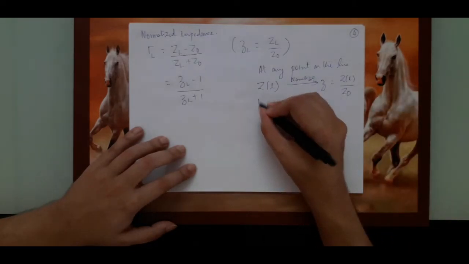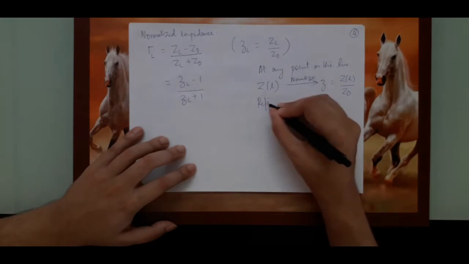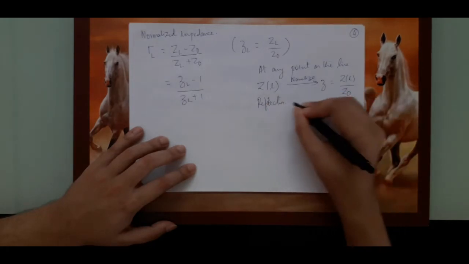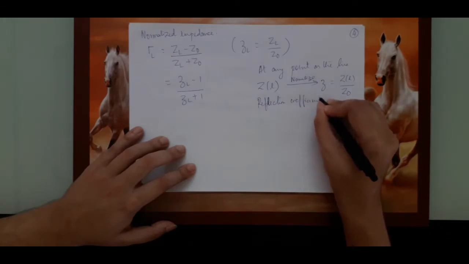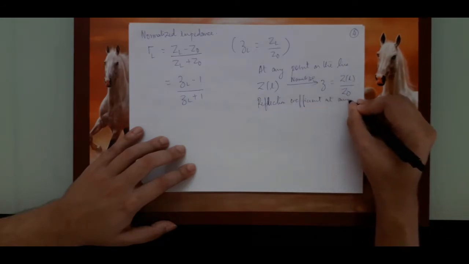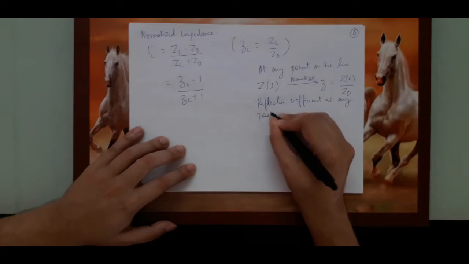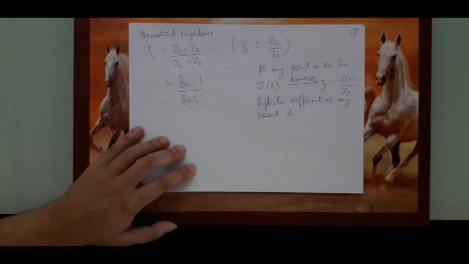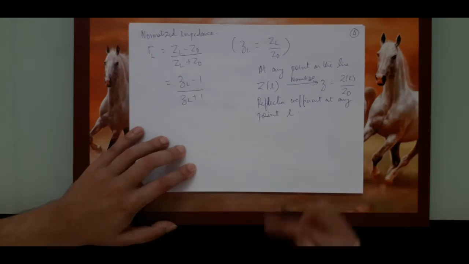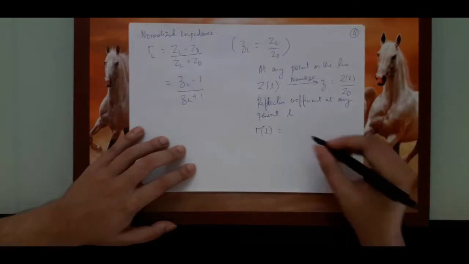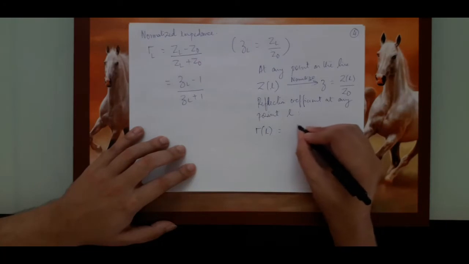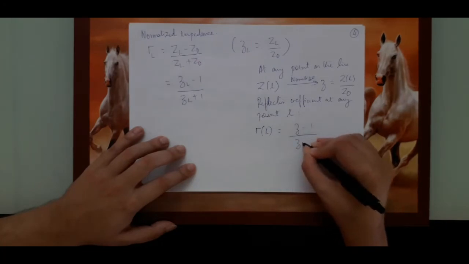So, reflection coefficient at any point L, that is gamma of L, is nothing but z minus 1 by z plus 1.